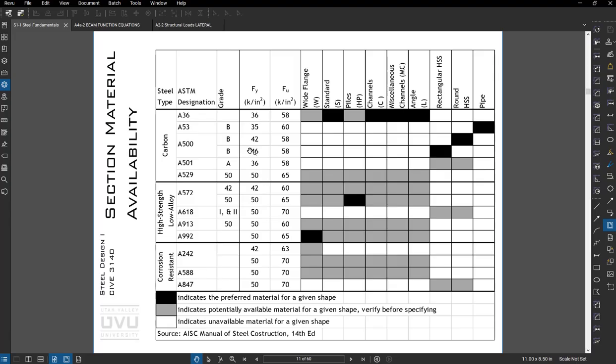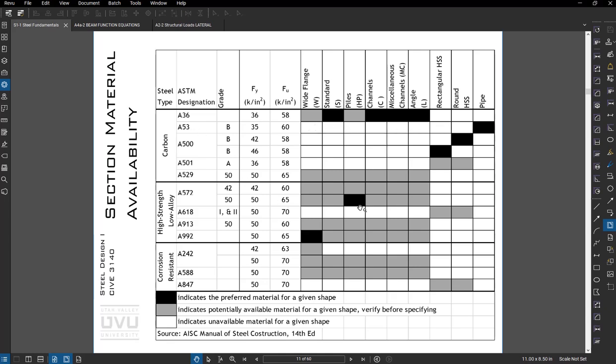A compatibility table like this gives us some guidelines as to what is the common material for a given shape. So if I have a pipe, I come here, the black box tells me A53 is what you typically get, but you cannot get any other shape in A53 because it's truly a pipe spec.